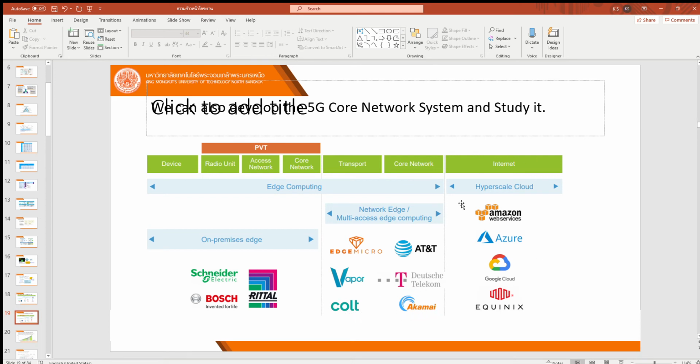And for internet, you can take the internet from Amazon, Azure, Google Cloud, Equinix. Okay, so if we can have many kinds of companies support us, we can do something like a 5G core network that is going to be used in the campus or in the university.